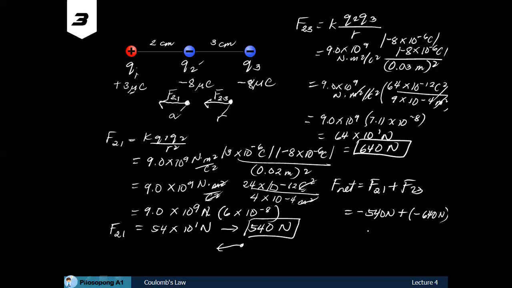So the total force is 1,180 newtons to the left. Or if you put a negative sign, that is understood. But I will remove it now. 1,180 newtons towards left or towards Q1. Remember this because we'll put this in our total net force or the net force of the system.